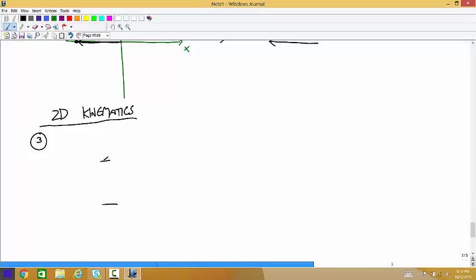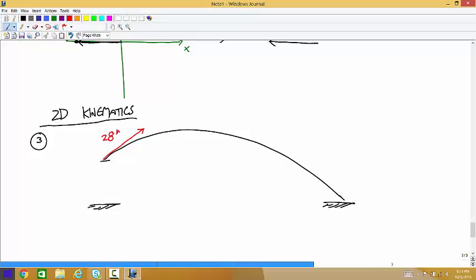So it looks like this. That initial speed is 28 meters per second, this angle is 25 degrees, and this height is 1.8 meters.